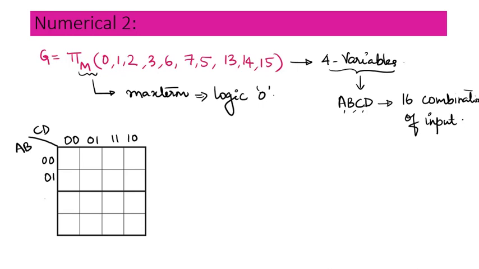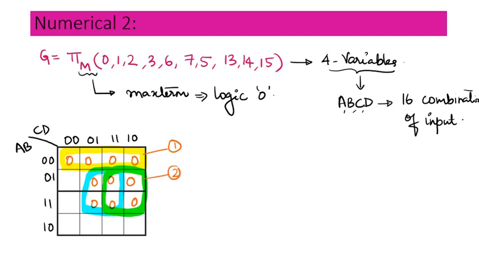Whenever we form groups, we will try to go for grouping the largest amount of the max terms. So I can here form groups of 4 max terms. So there are 3 groups, and for each of the groups I will separately write the expression so that there is no confusion.